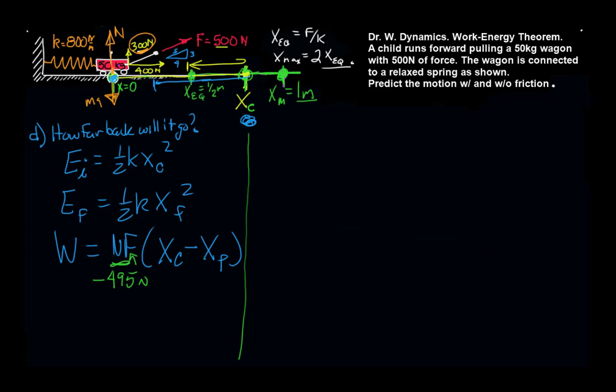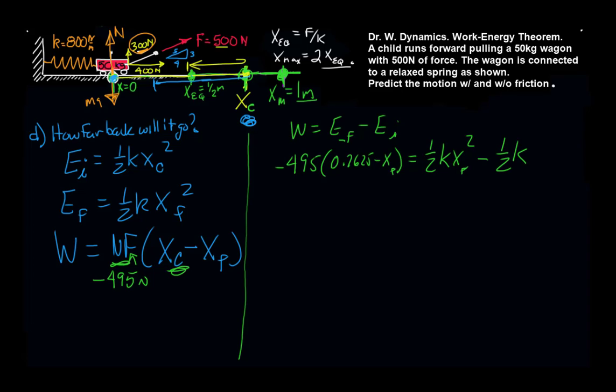So work will be energy final minus energy initial. We have negative 495 times xc, which we know, 0.7625 minus x final. That's equal to the energy final, which is 1/2 k x final squared, minus the energy initial, 1/2 k xc squared, where again xc we know it's 0.7625.